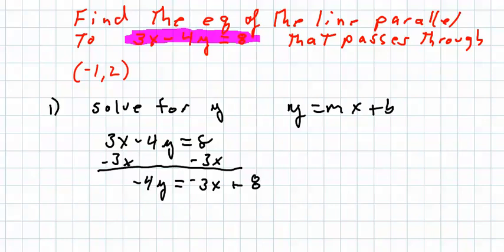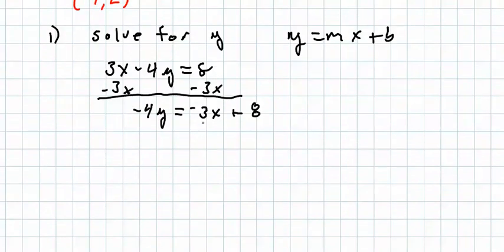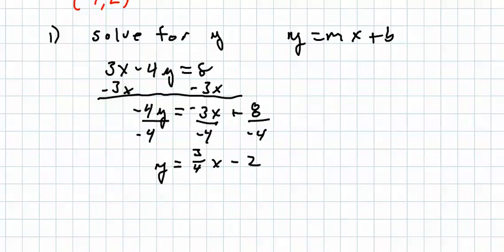A lot of you have not been putting this term first right here. It should go first. All right, now we divide by -4, divide by -4, and we have y equals 3/4 x minus 2. All I care about is my slope. My slope is 3/4.